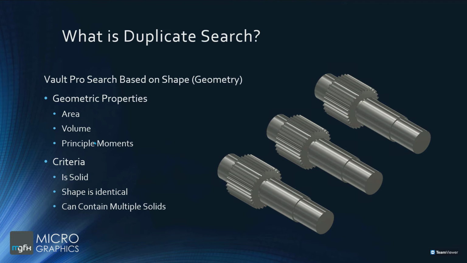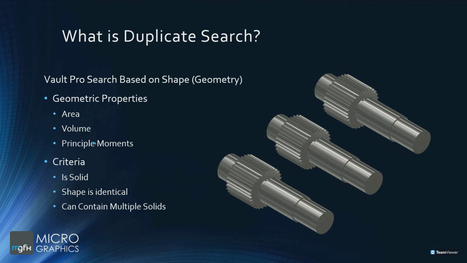It will look at the area, volume, and principal moments of a component. All that information is indexed and compared across all files in Vault to give you a list of geometric duplicates. There are some criteria to qualify a file for the search, as well as what qualifies a duplicate.